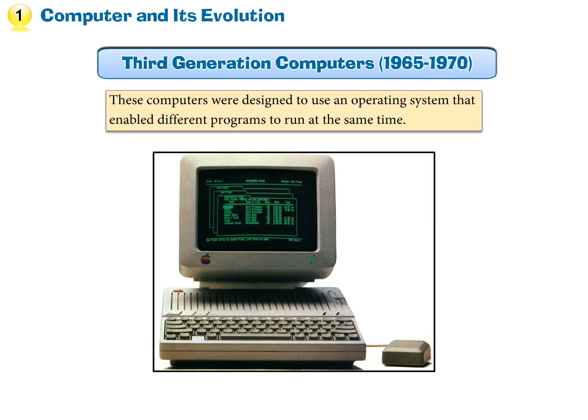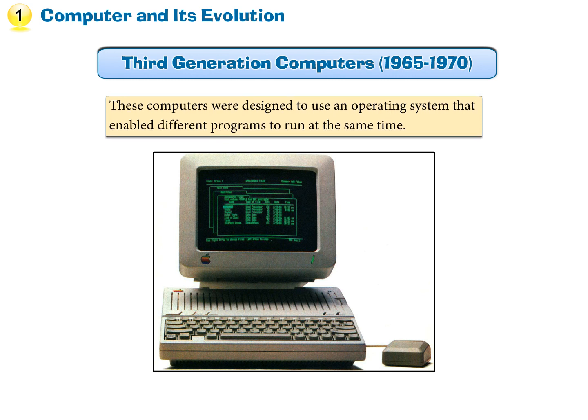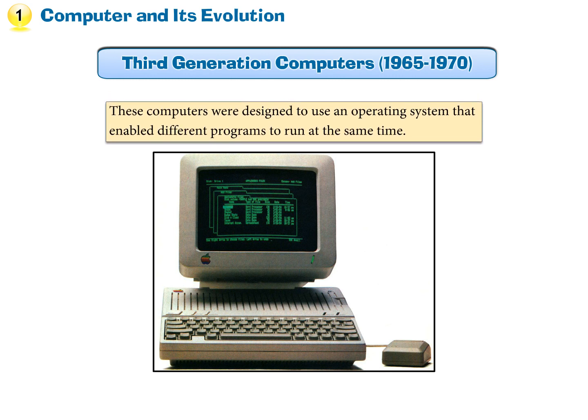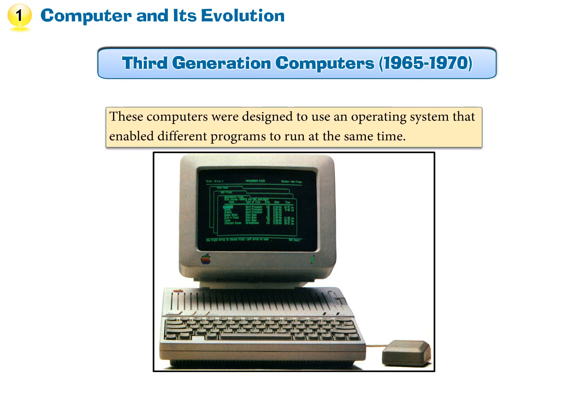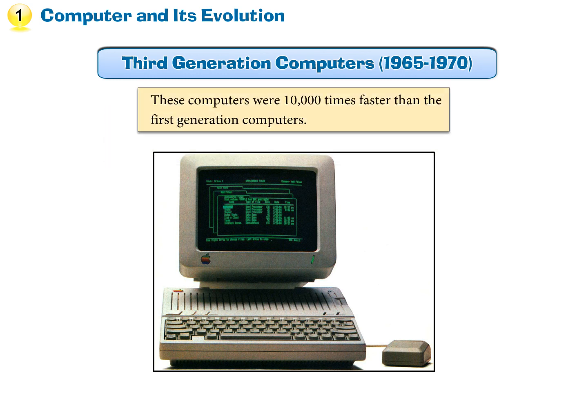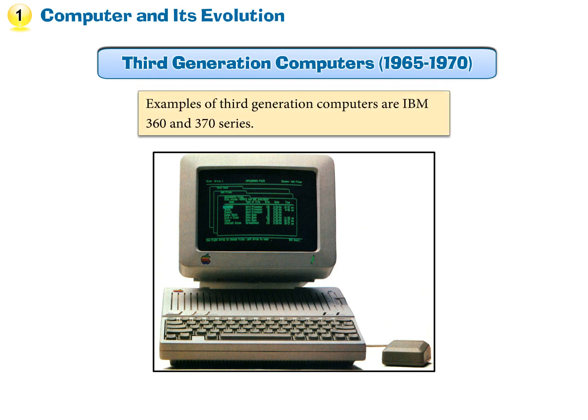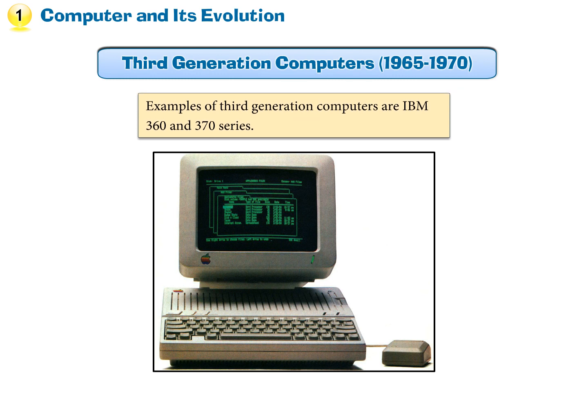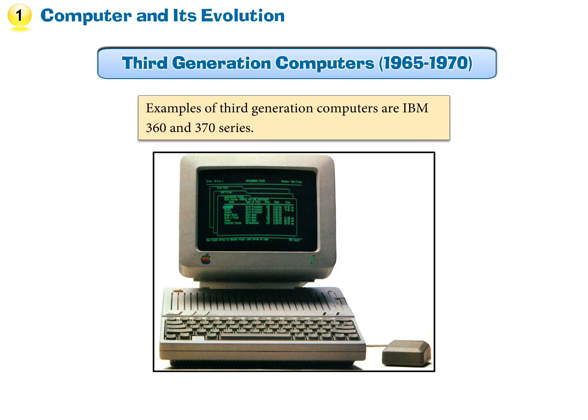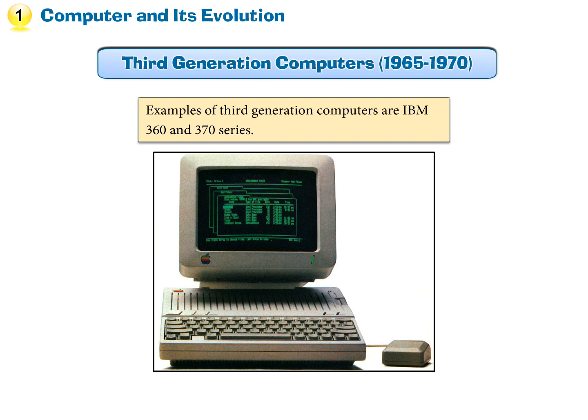These computers were designed to use an operating system that enabled different programs to run at the same time. These computers were 10,000 times faster than the first-generation computers. Examples of third-generation computers are the IBM 360 and 370 series.